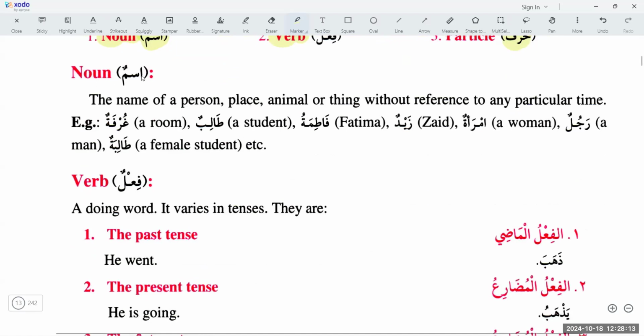What is a noun? What is an ismun in Arabic? The name of a person, place, animal, or thing without reference to any particular time. There is no time mentioned in the ism.